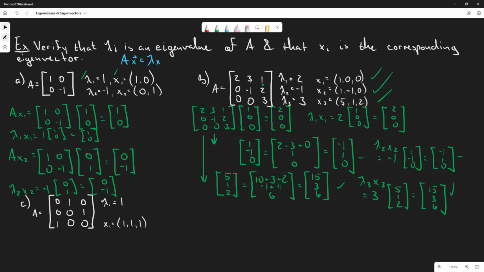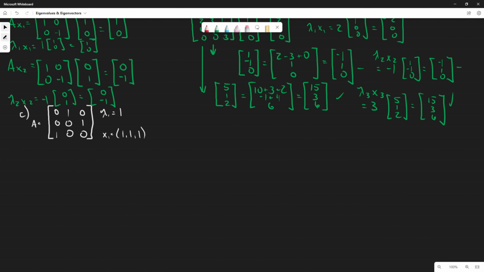Now we're going to do the last one, which only has one eigenvalue with an eigenvector, so we don't have to do this three times. If you do the work, you should find that there's only one eigenvalue with a multiplicity of 3. To check, we do the same thing: multiply matrix A with the eigenvector [1, 1, 1].